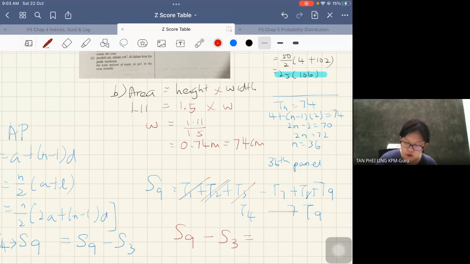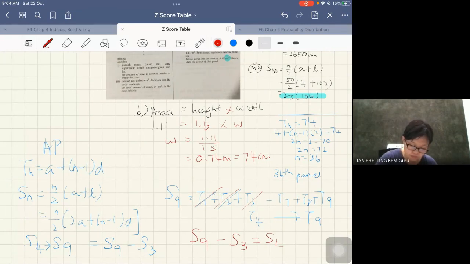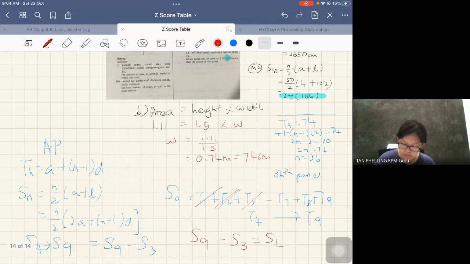Then you will get your sum of the fourth term until the ninth term. Not S4, I wrote here wrongly. It should be T. Okay, so this is how we interpret.